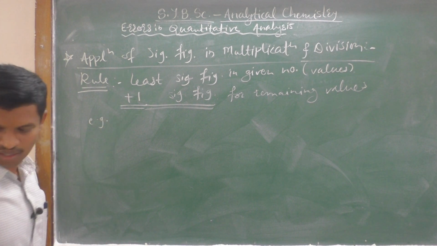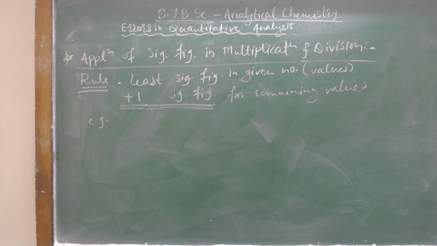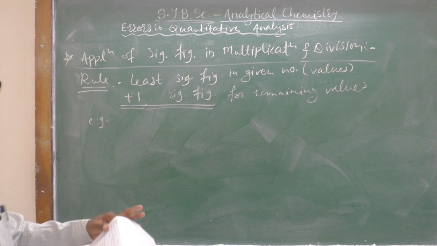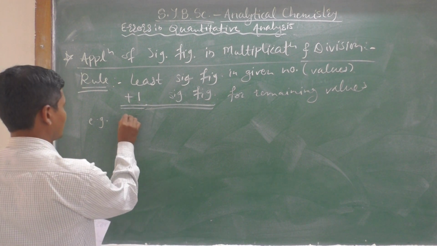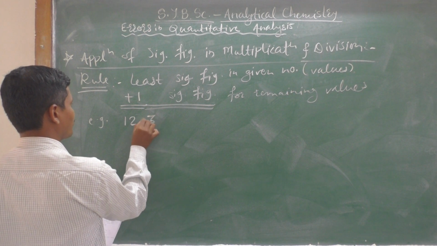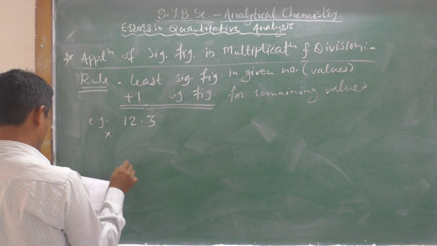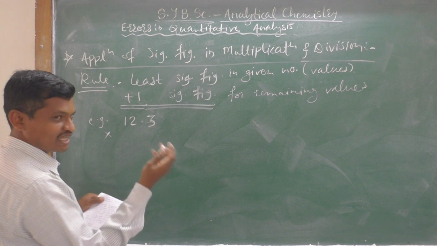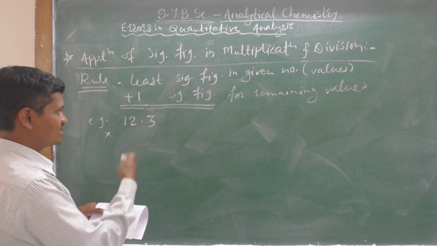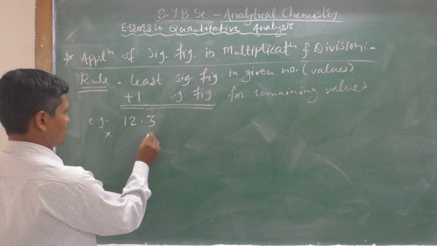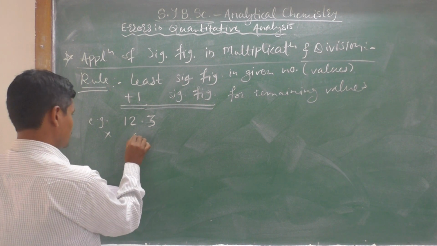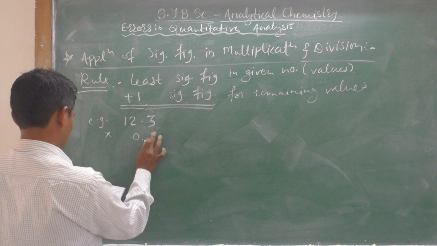Okay, so I am taking one example. For example, the example is 12.3 into 0.5784. You can take any example. For simplification, I have summarized all these rules on paper and I am trying to explain them to you.